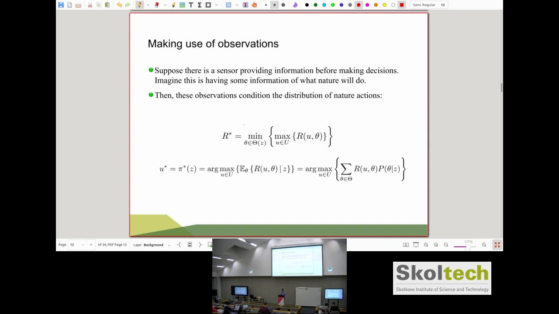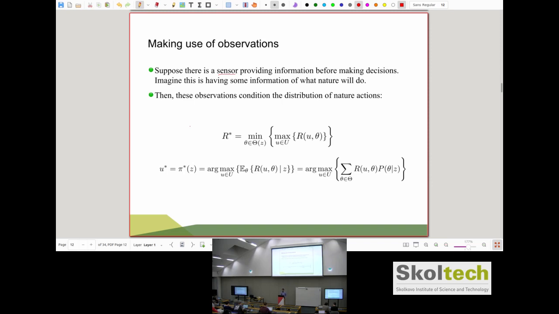So this is true, but it's not always as blind or as naive as this. Sometimes you might have a distribution, but imagine, for instance, that there's a sensor providing information. You have a little bit of information in addition to your distribution. That means that your distribution can change, and more formally, what this means is that you are going to have a conditional distribution, right?